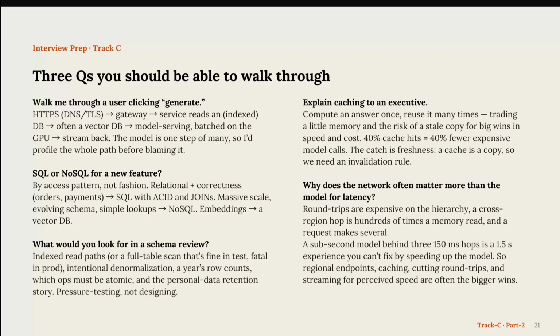So our request typically goes through HTTPS, does a DNS lookup, and transport layer security is validated, then it goes to a gateway. Gateway routes it to a particular service. Service reads an indexed database, looks up your past memory, collects that memory. It's typically or often a vector database, and then pulls all the required information.